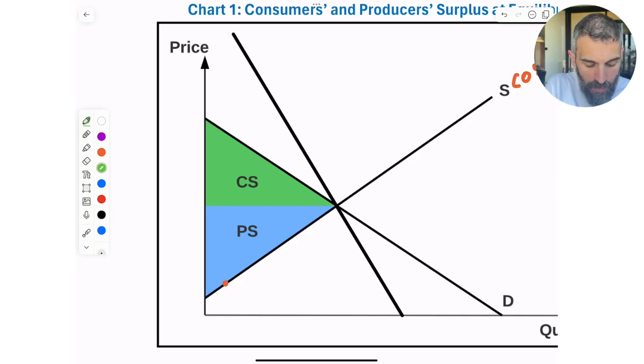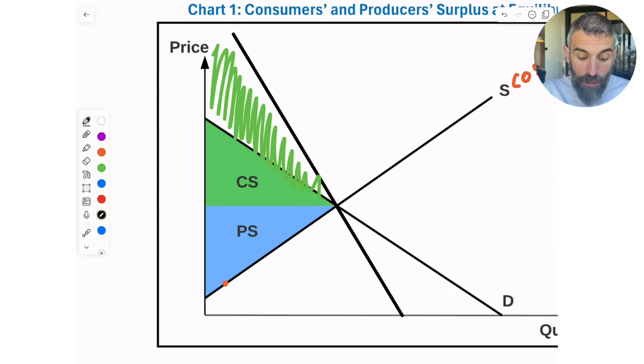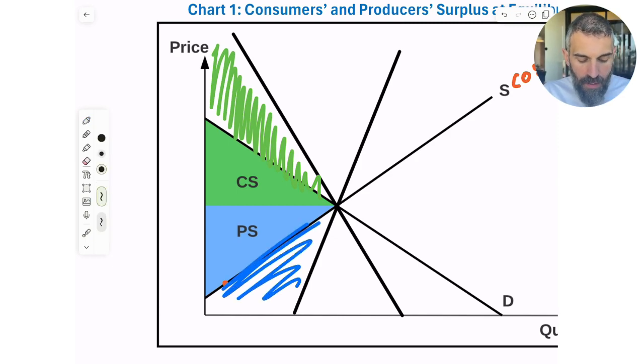Look how much bigger this area would be, the area below demand above price. It would include that entire space. And the steeper you make your line, the larger that triangle. Same thing with supply. If you make supply steeper, then the surplus expands as well.